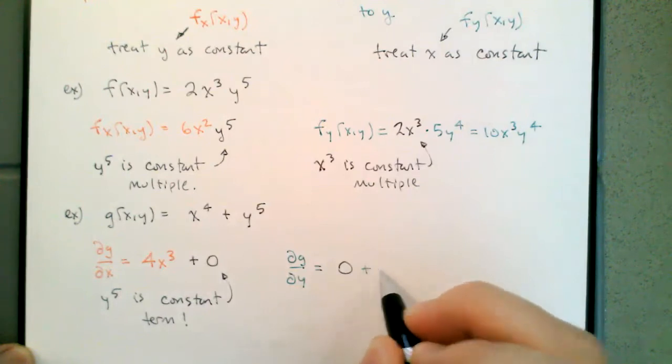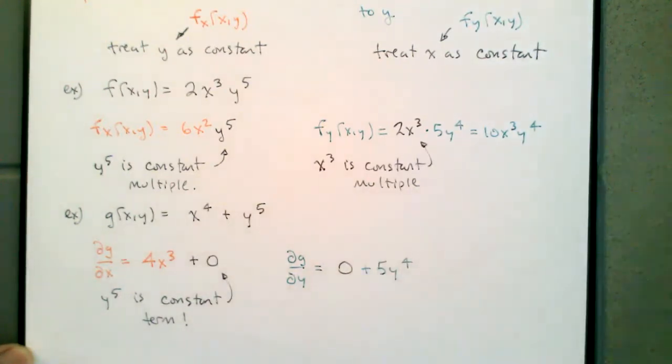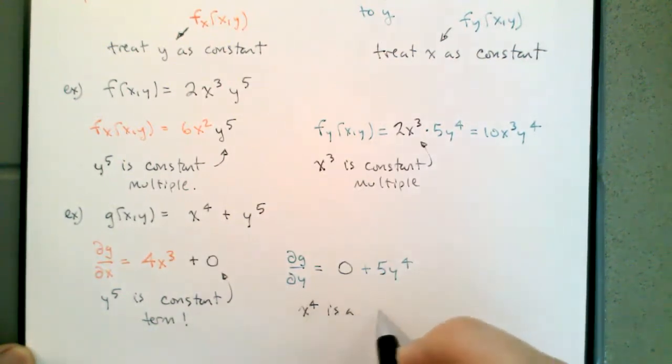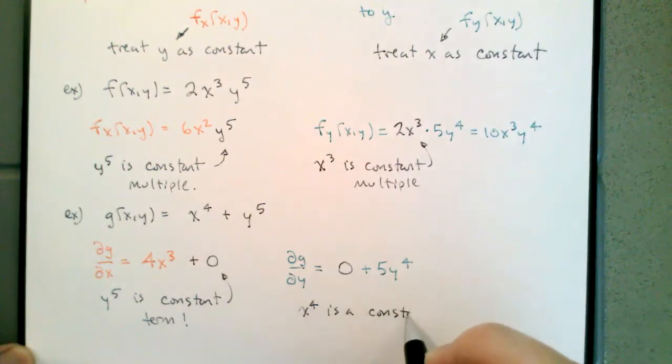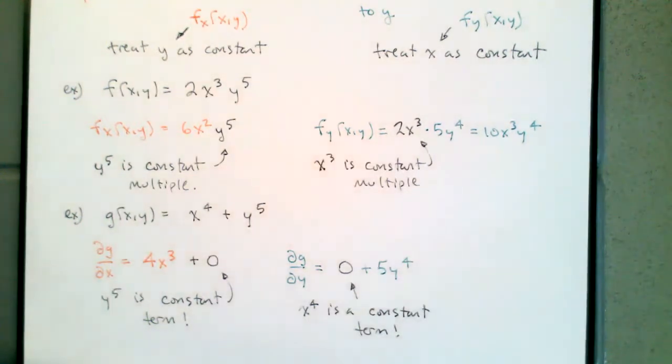And the derivative of y to the fifth is 5y to the fourth. So x to the fourth is a constant term, and the derivative of a constant term is 0.